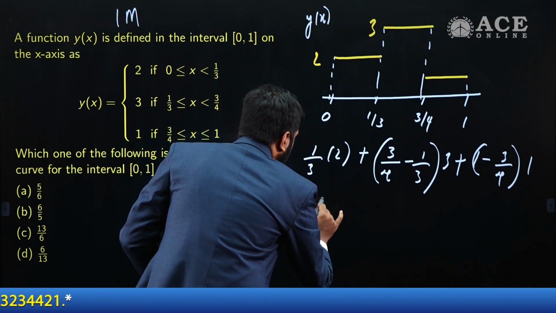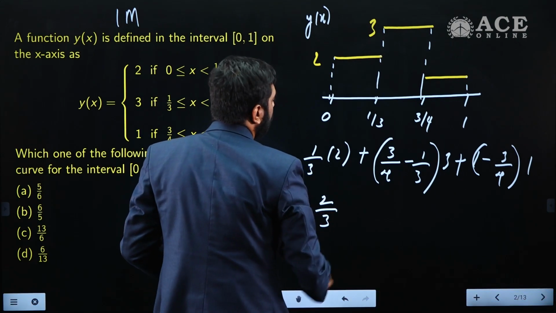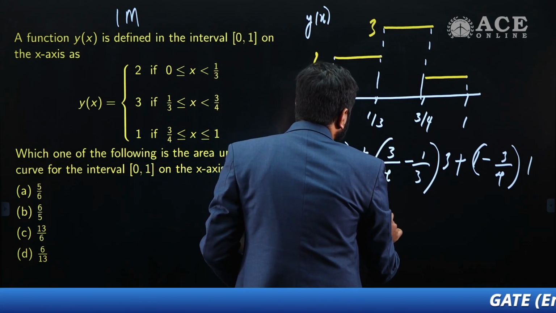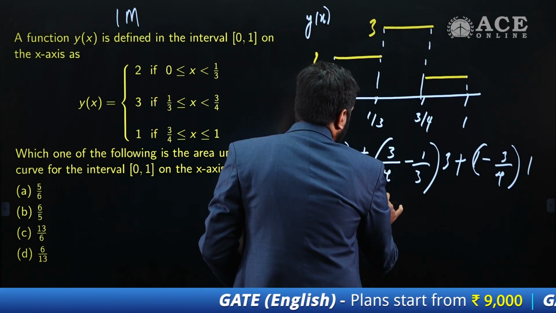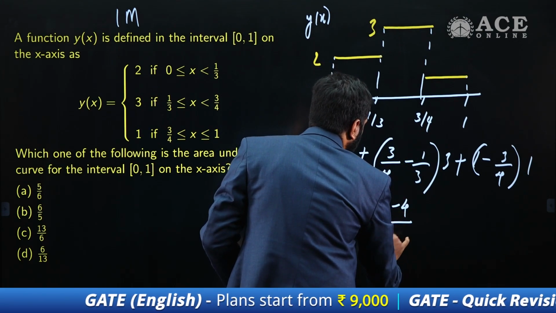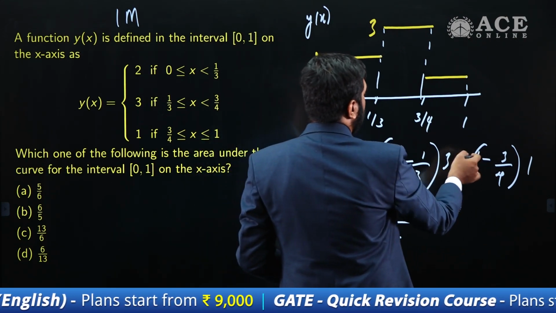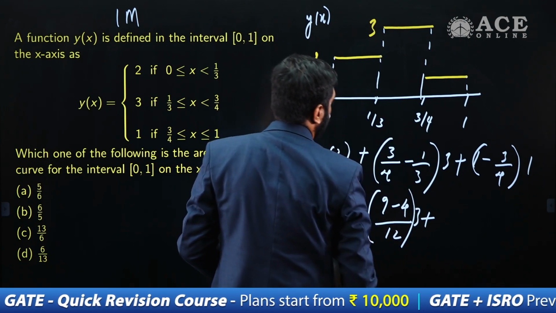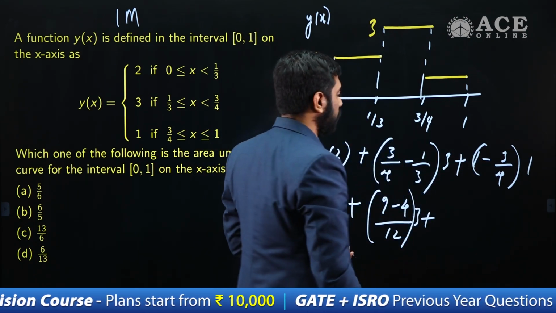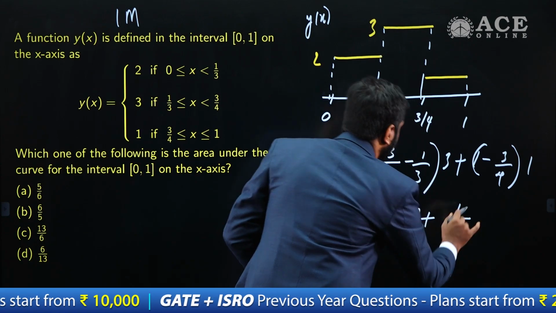So what I'll do is I'll write like this. This is 2 by 3. Now you need to take the LCM, so it's 9 minus 4 by 12, and then here it's 1 minus 3 by 4, and then I have to multiply with 3. So into 3, and 1 minus 3 by 4 is 1 by 4. Now let's simplify.